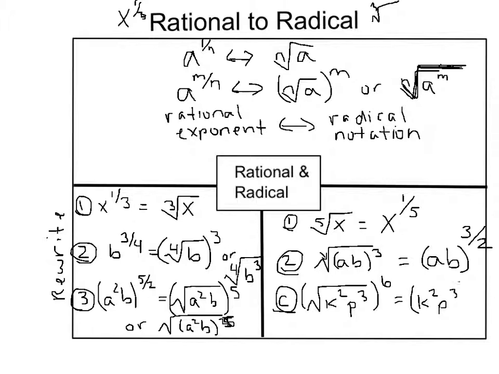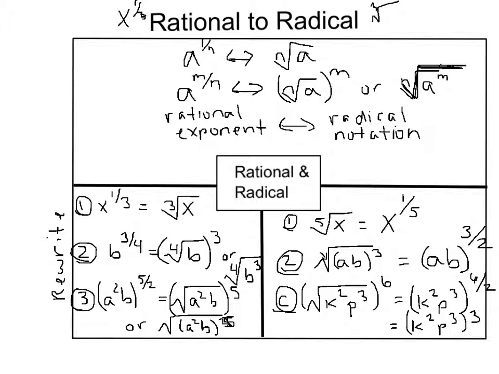We're going to put that in parentheses because all of this is going to the 6 over, and then again, we don't have anything listed, so we assume it's a 2. If you notice, 6 over 2 reduces to 3, so we'll write this as k squared p cubed to the 3rd power. And I'm running out of room, but we can go one step further to simplify.